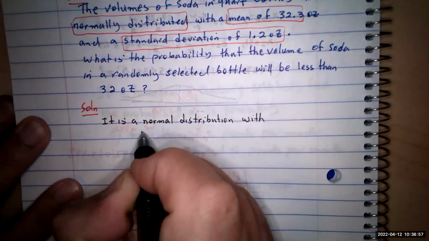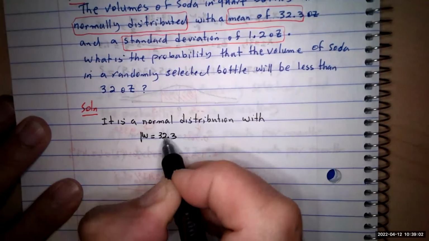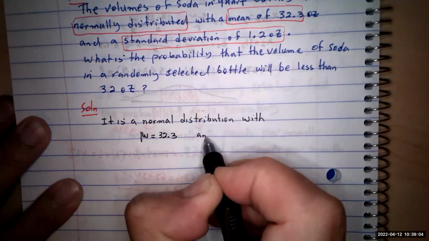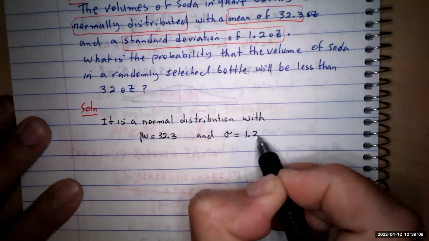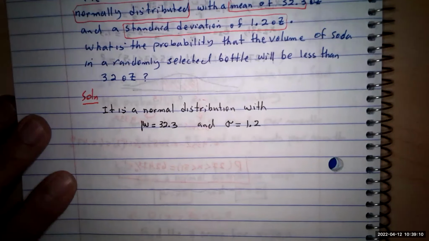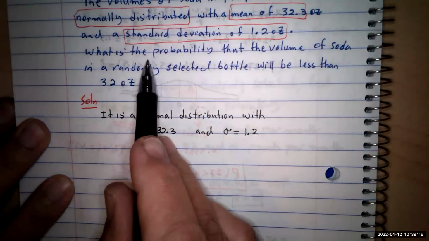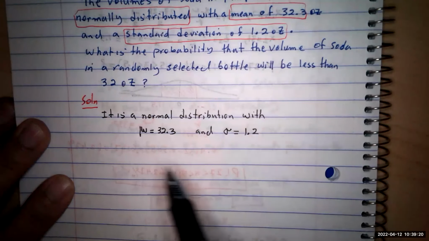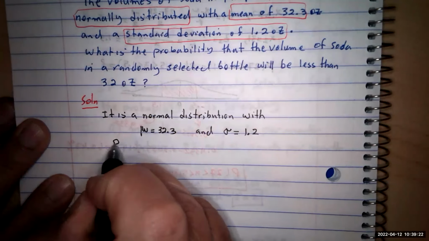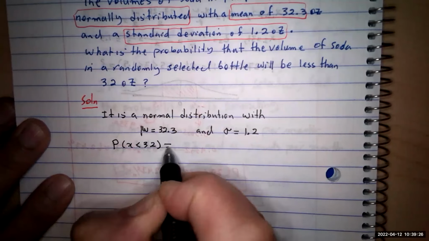Mu is equal to 32.3 ounces, and sigma is equal to 1.2. You write the question in symbolic form. You want to find the probability that the volume is going to be less than 32. So the question is, what is the probability that X is less than 32?